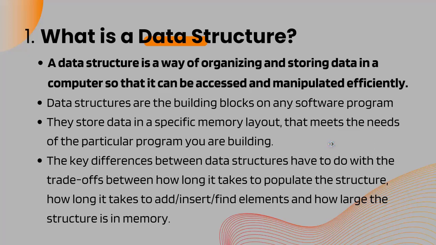Different data structures have different layouts in which data is stored in memory. We have a few examples of data structures. We have something like an array, which is just a sequence of values stored contiguously in memory, so they are stored sequentially, one next to the other.